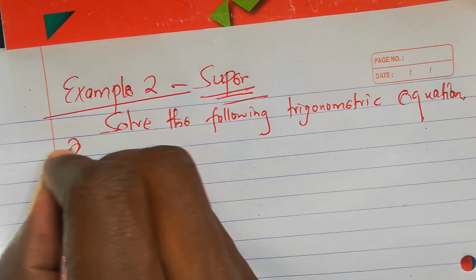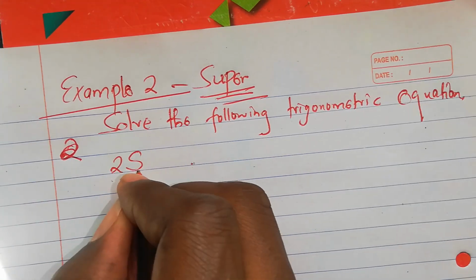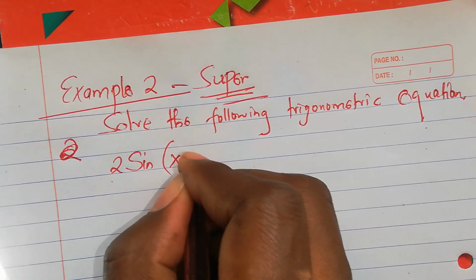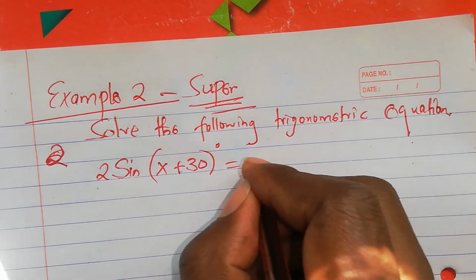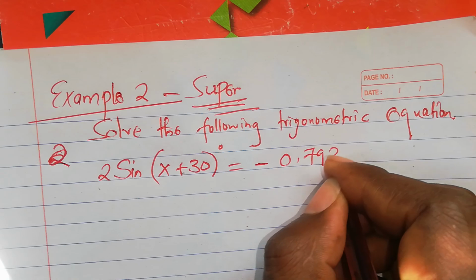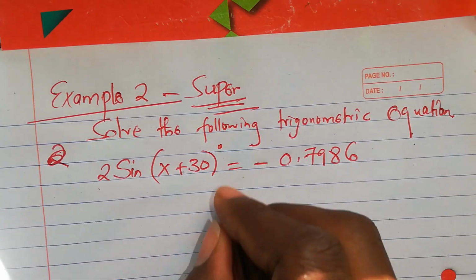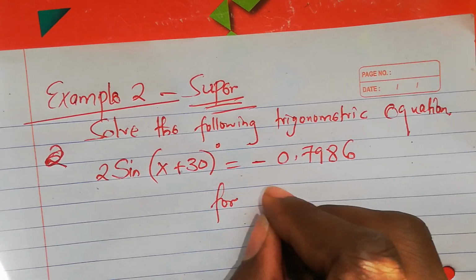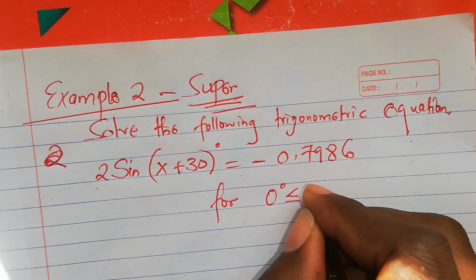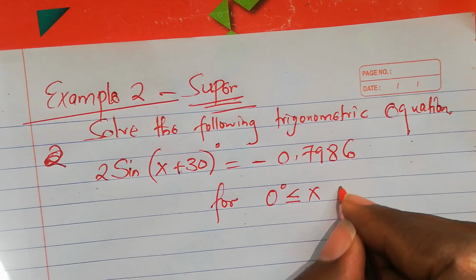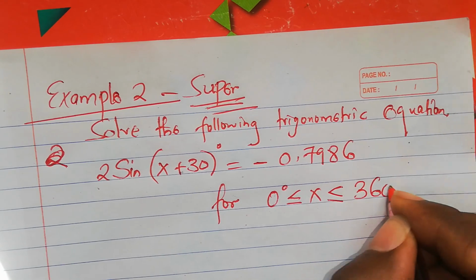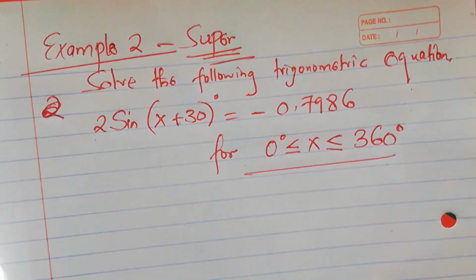So we have 2 sine bracket x plus 30 close the bracket degrees is equal to negative 0.7986. You must always be given the range. Values of x greater than or equal to 0 degrees, less than or equal to 360 degrees. We are also given the range.